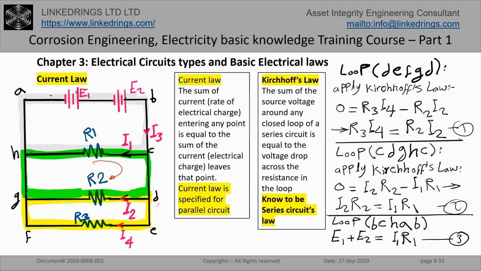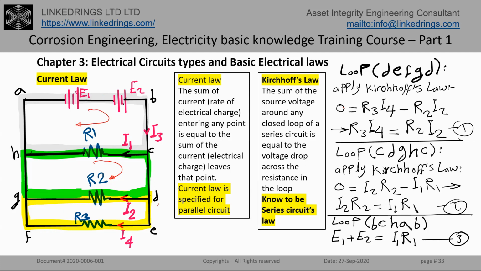Now we take the third closed loop circuit, the gray circuit, B, C, H, A, B. The way I am naming the circuit is by identifying where the assumed current direction, the positive current, is.